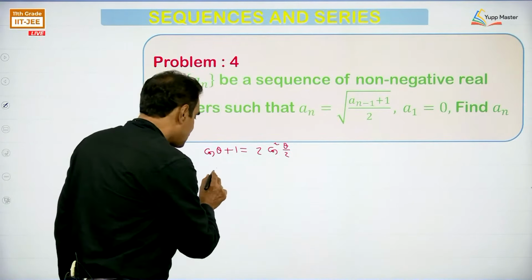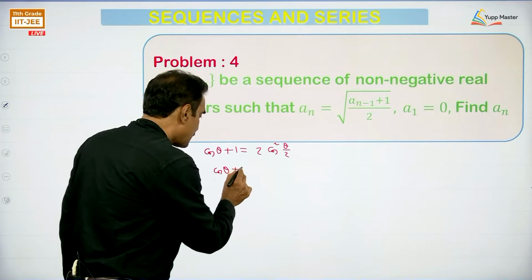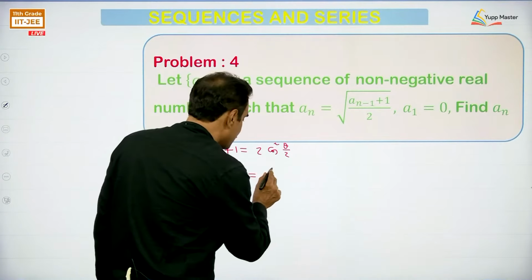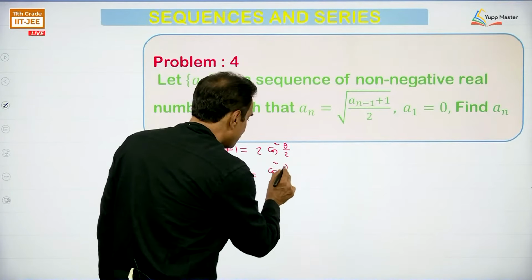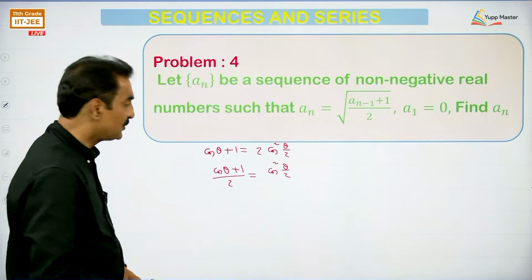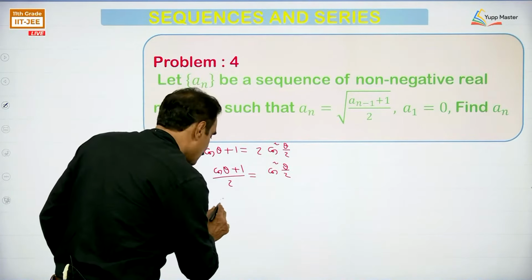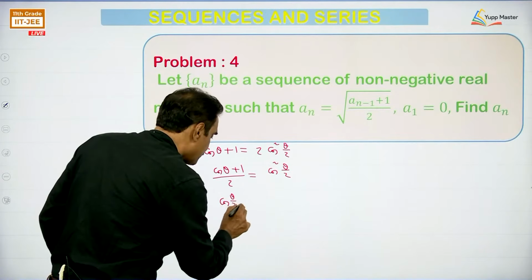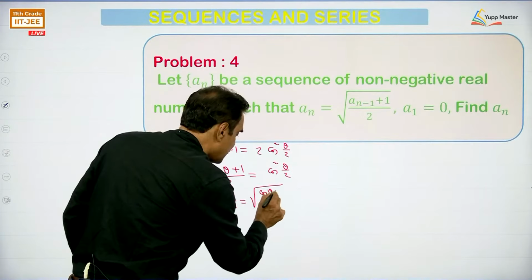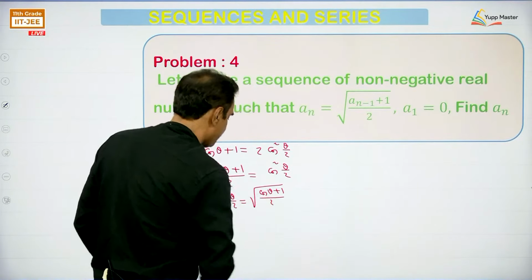So, cos theta plus 1 by 2 is cos square theta by 2. Alright. Now, taking square root on both sides, cos theta by 2 will be root over cos theta plus 1 by 2.